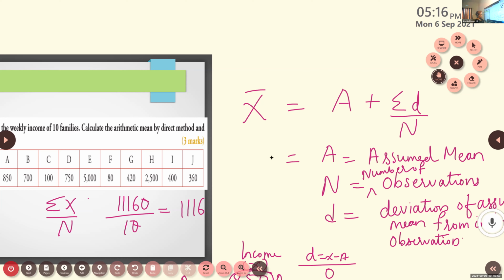After taking the D, you have to find the sum of it, that is sigma D. Find the total.